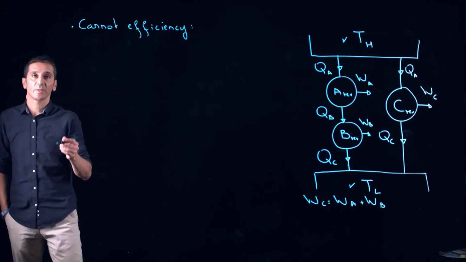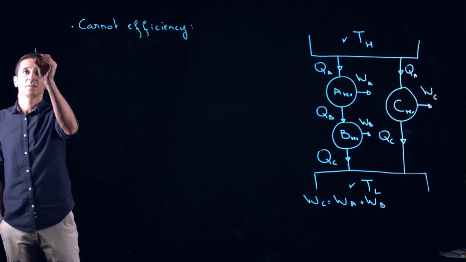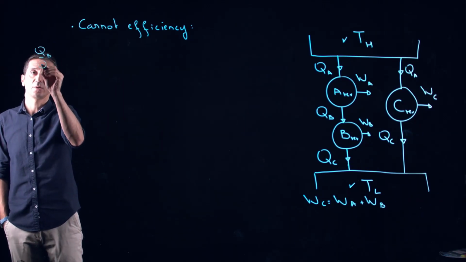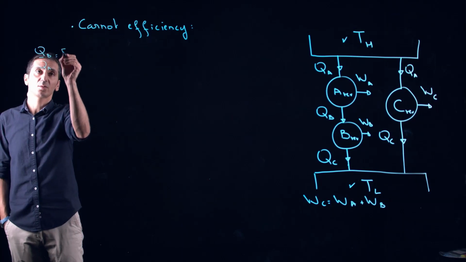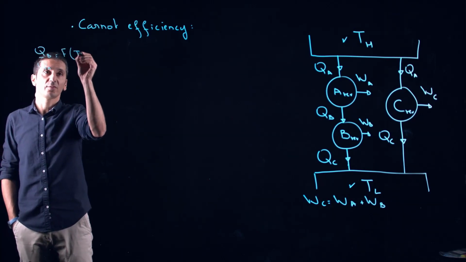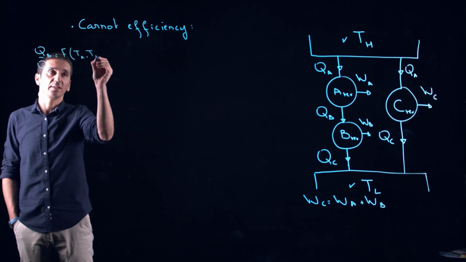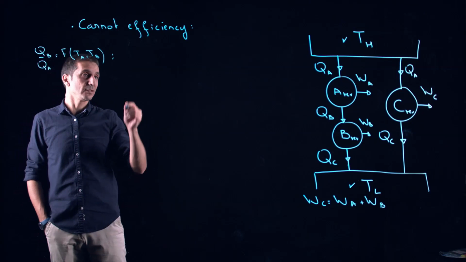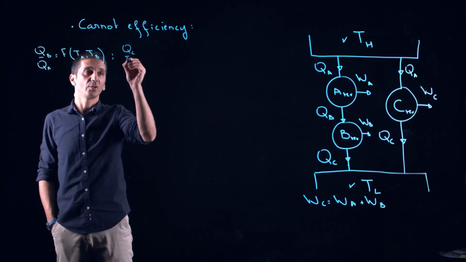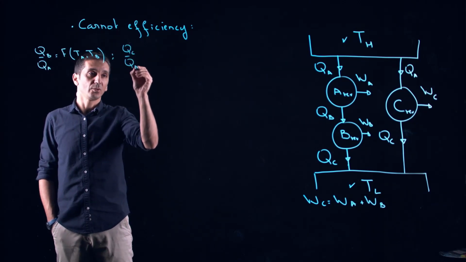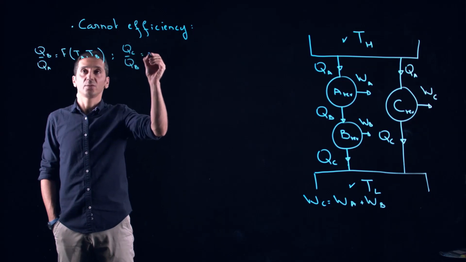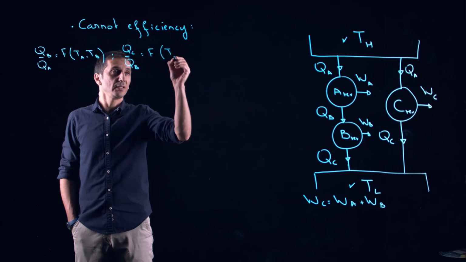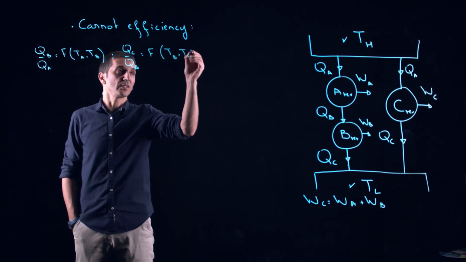So far we have demonstrated that the ratio QB over QA is equal to a certain function of only the temperatures TA, TB. The same way QC over QB is equal to a certain function of TB, TC.